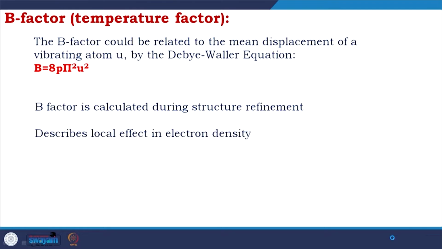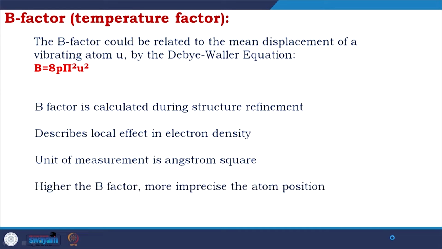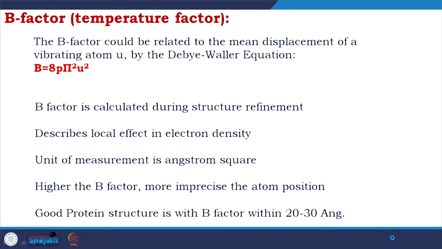If electron density is low, you will find high B factor. Unit of measurement is angstrom square. Higher the B factor, more imprecise the atomic position. Good protein structure has B factor within 20 to 30 angstrom square.